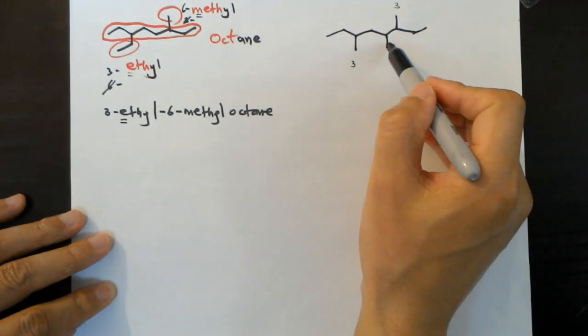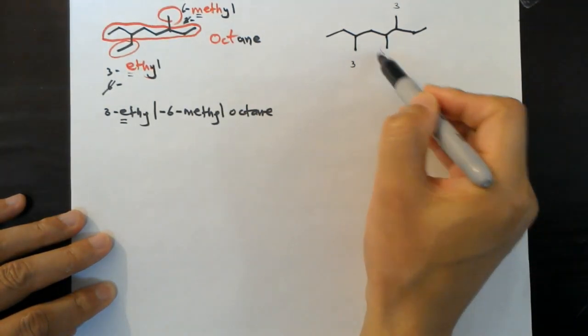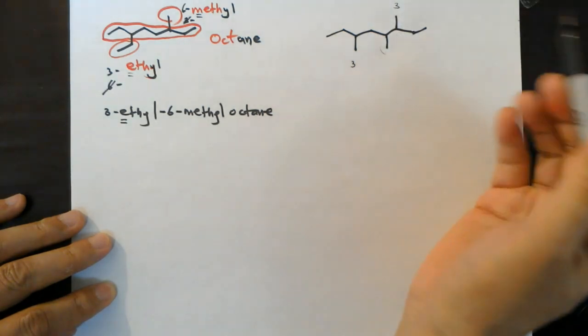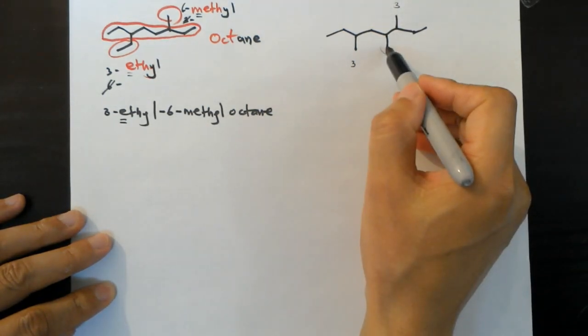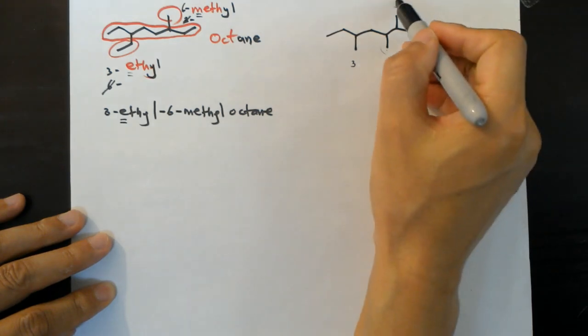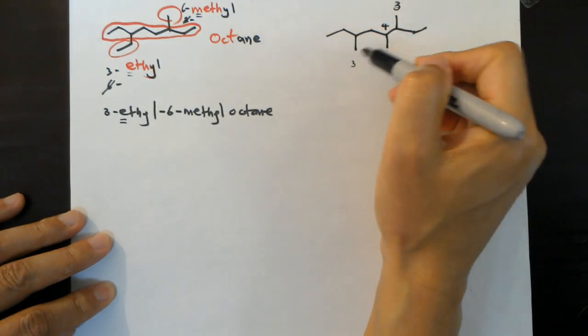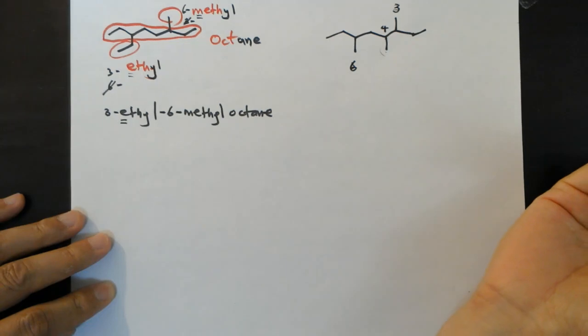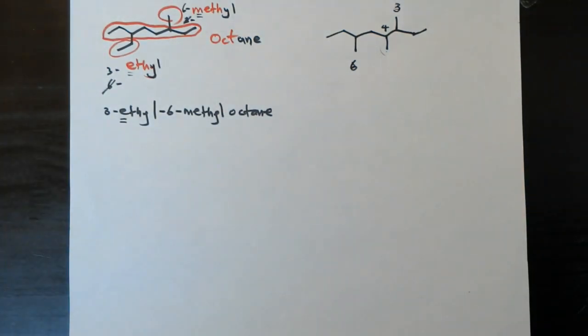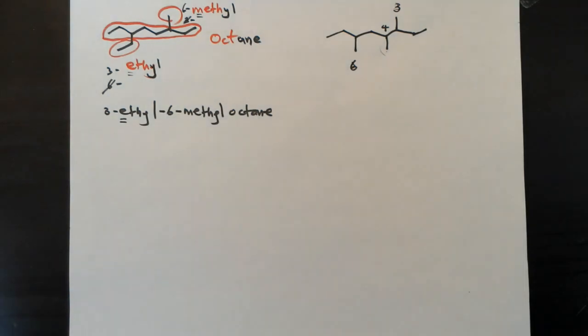The next group gets lowest possible number because the first one has a tie. So to give this one lowest possible, you give this one 3, 4, so this gets 6. So the numbering is tricky, but the rule is always give lowest possible number for functional group, then the side chain among them, the lower alphabetical order first.